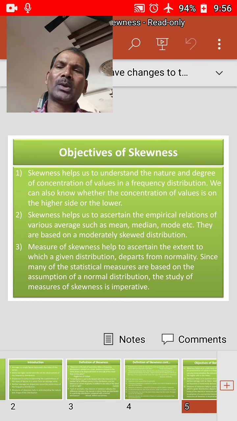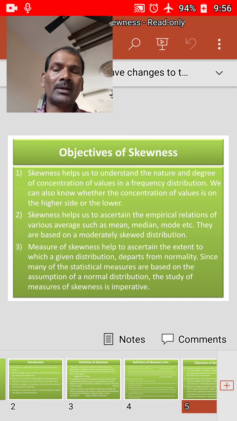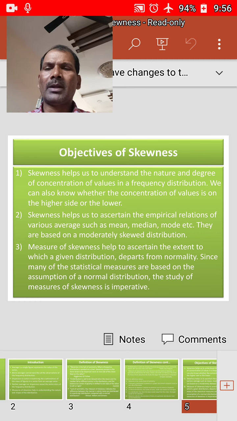Skewness helps us to understand the nature and degree of concentration of values in a frequency distribution. How they are concentrated and what the pattern of concentration is, we will come to know in a given distribution. We can also know whether the concentration of values is on the higher side or the lower side.